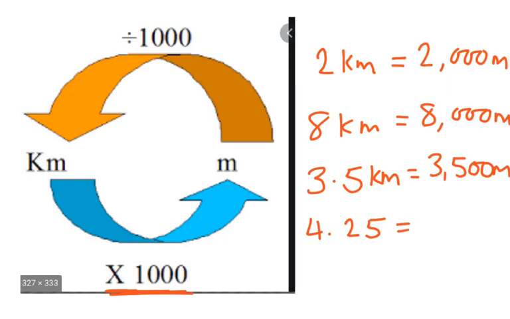Half of 1,000 is 500, and then if we halve that again, it's 250. So we are able to think about, first of all, we've got 4 kilometres here, so that's going to be 4,000, and then this decimal fraction that we have here, this quarter, is going to be 250. Hopefully I'll squeeze that in there. There we go.